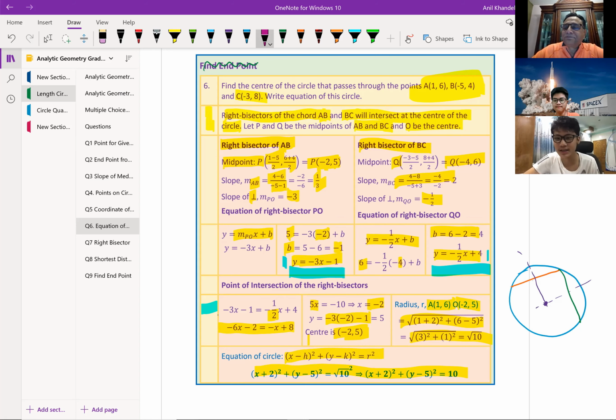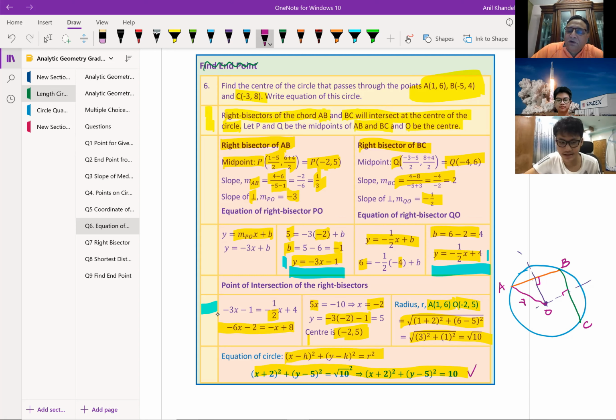We can apply the same process to the right bisector for BC, and we got a perpendicular bisector slope of -1/2, and we can equate these two equations to find the point of intersection, which is also the center. Later we can find the distance, the radius, and we got the equation of the circle, with r squared equal to 10. And we found the radius OA, correct?